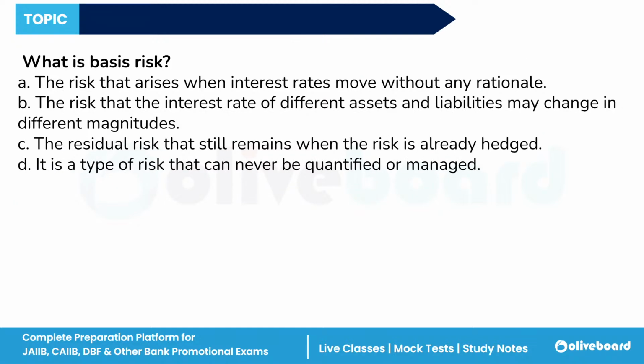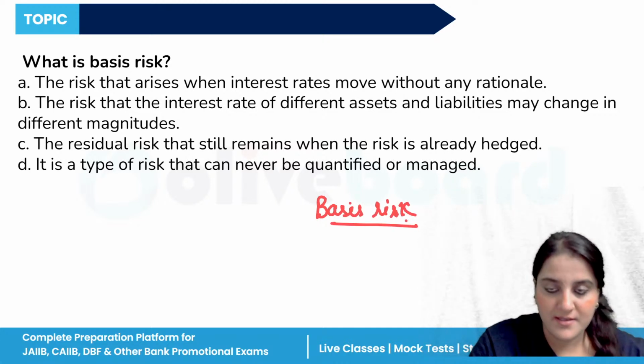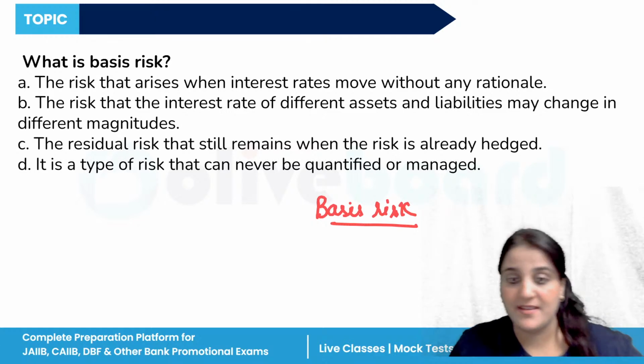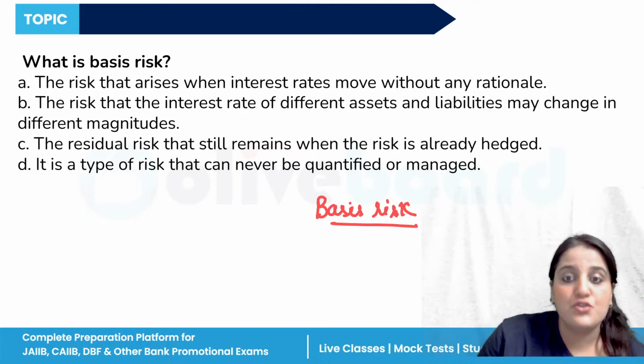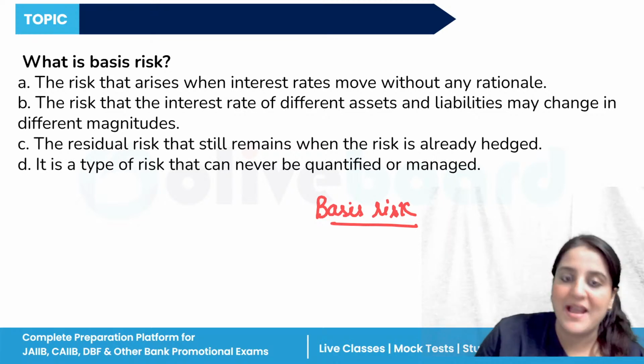What is basis risk? Basis risk refers to the risk that the interest rate changes on different assets and liabilities do not move in the same way or by the same magnitude.